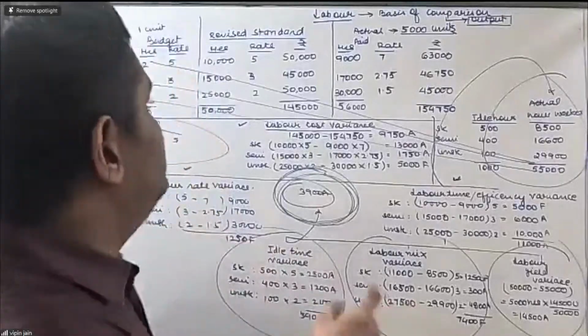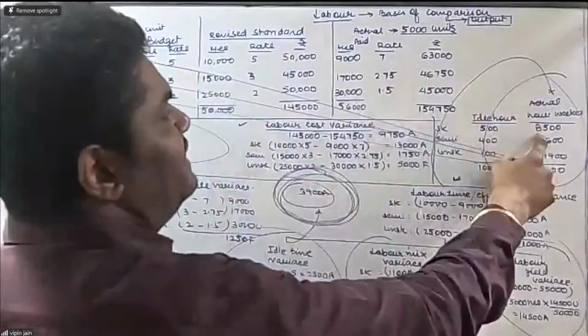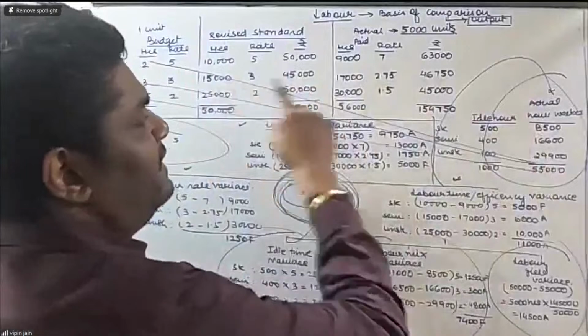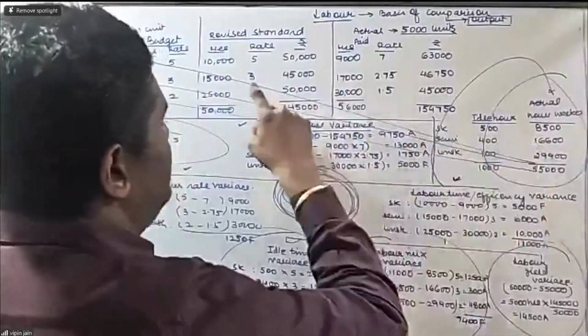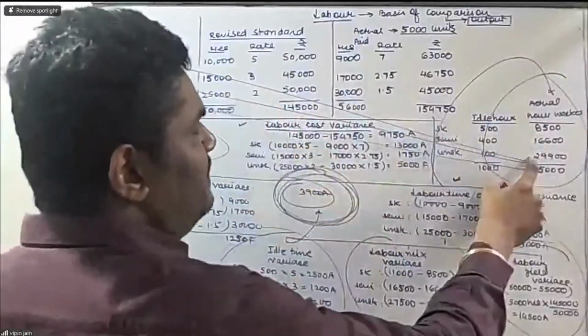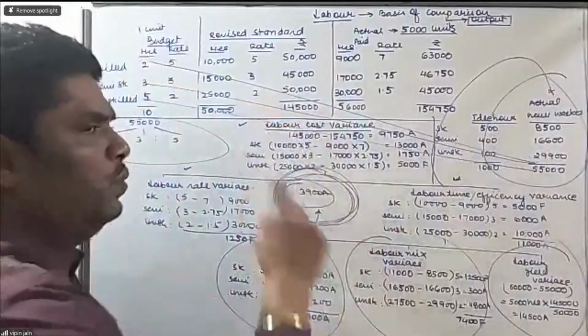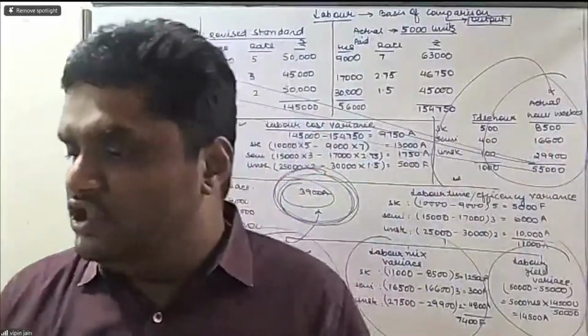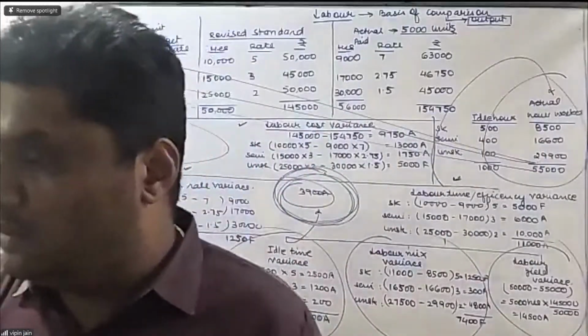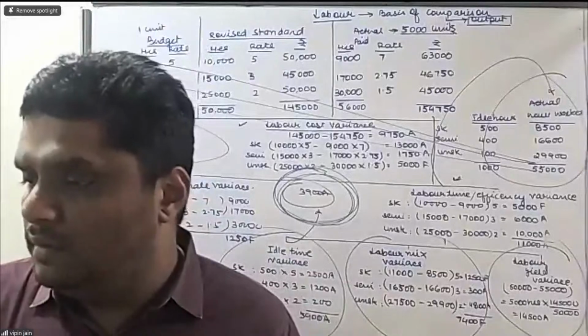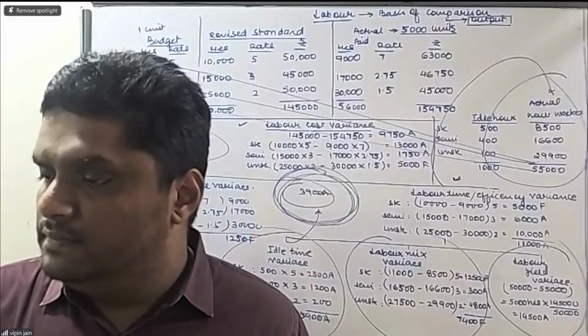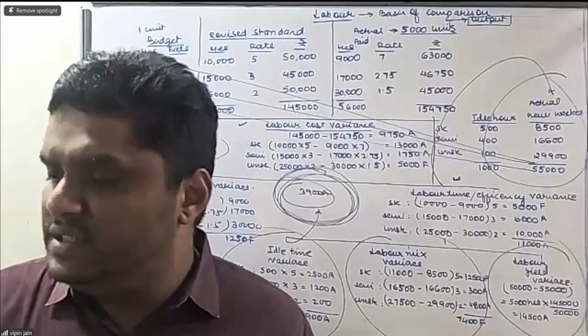Please check the calculation. 10,000 minus 8,500 into 5, 15,000 minus 16,600 into 3, 25,000 minus 29,900 into 2. What will be the final answer, Srinivas? I think you are making some calculation mistake.